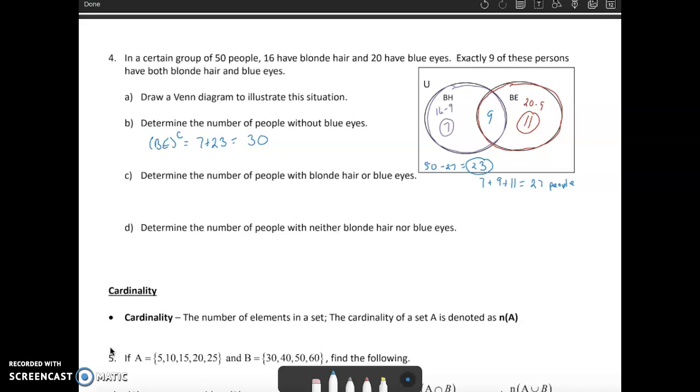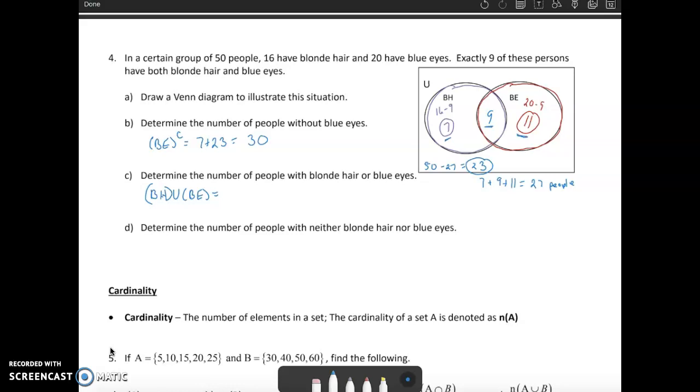Determine the number of people with blonde hair or blue eyes. I'm going to write this as BH union BE. That's basically the people who have blonde hair plus the people who have blue eyes, or. So all the people inside these circles anywhere: 7 and 9 and 11.